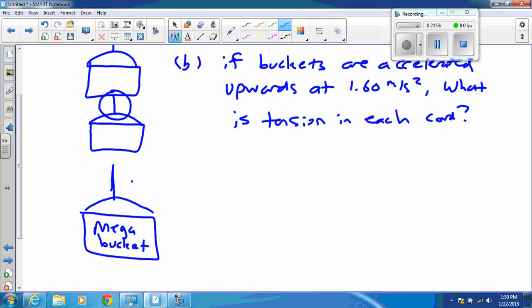Yeah, exactly. So I think we're going to have to no longer do them together, but instead deal with the buckets as individual objects. Bing, ding, ding! That's what I was trying to get you to say. That's exactly it.